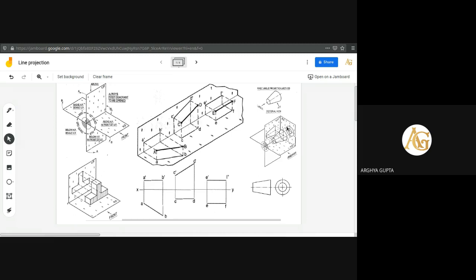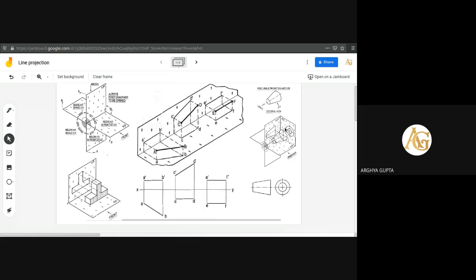Okay, side elevation. Now the position of the observer is here for the front view, and for the side view the observer will be here. For the top view he or she will be here, and for the side view he or she will be here. The top view shows 2 circles, and here the side view is a trapezium shape, isn't it? Now again these 2 mutually perpendicular planes cannot be drawn on our flat sheet, so that plane has to be merged with the vertical plane.